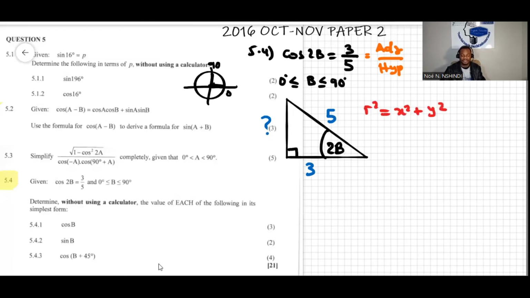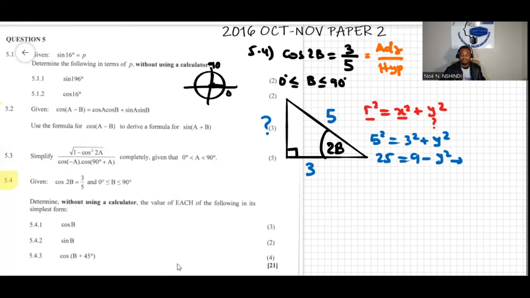We have x and r, but we need to find y. Substituting, 5 squared equals 3 squared plus y squared.